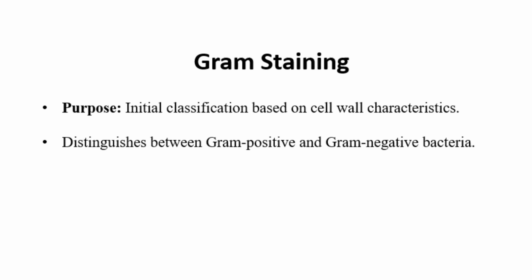Gram staining. The purpose of gram staining is initial classification based on cell wall characteristics. In this classification, we will see what type of materials the cell wall of the bacteria is made of.